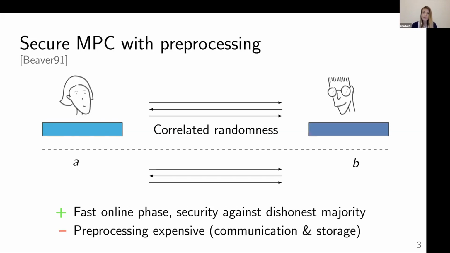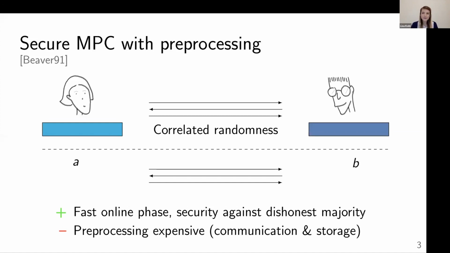But the problem with this approach is still the preprocessing phase, which is expensive, because typically the online phase requires a large amount of correlated randomness. And in order to produce that, typical protocols require communication and storage at least linear in the amount of correlated randomness needed.